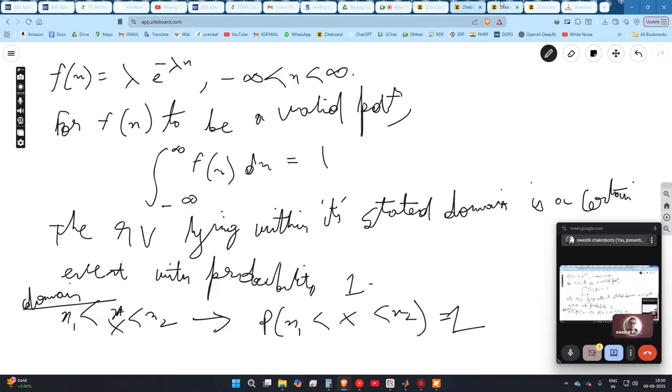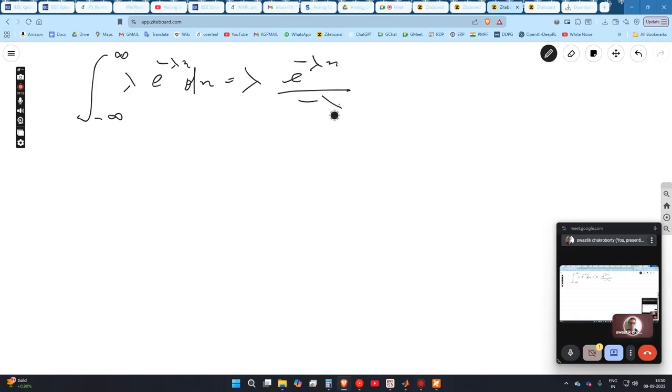Now we have to verify whether lambda e to the power minus lambda x integrates to 1 over the real line or not. So lambda e to the power minus lambda x dx. You take lambda outside and integrate e to the power minus lambda x, so you get e to the power minus lambda x by minus lambda, from minus infinity to infinity.